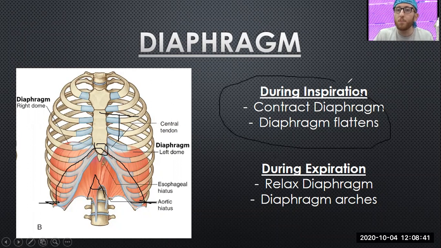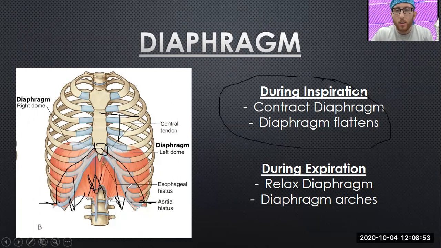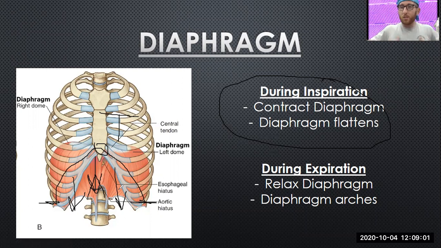And when you inspire, you contract your diaphragm and it flattens. So it would pull downward on the rib cage, producing more space for your lungs to inflate. That makes sense, right? You want more room in your rib cage for your lungs to inflate.